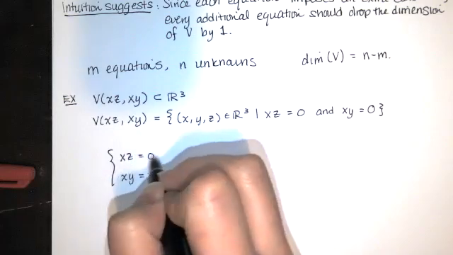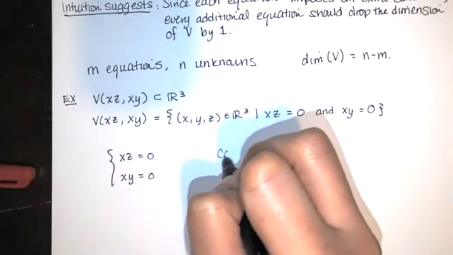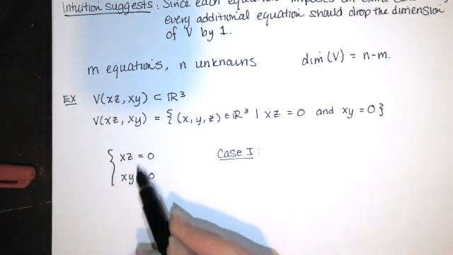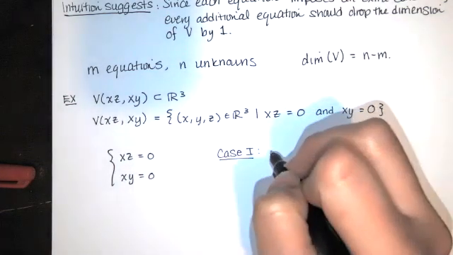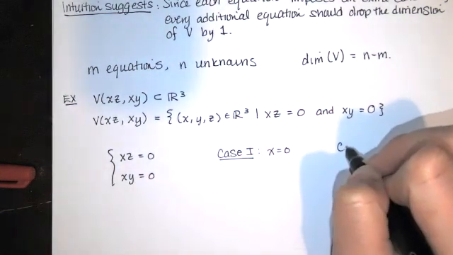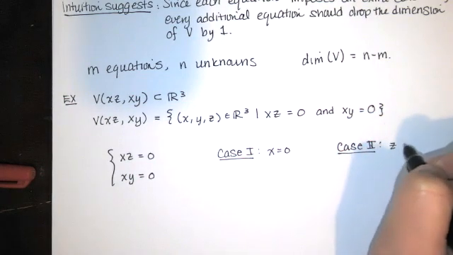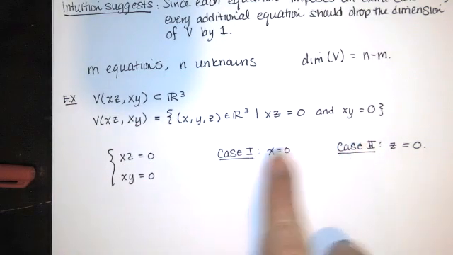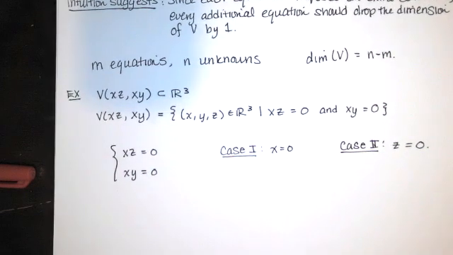So we're going to separate the solution set into 2 cases. In one case, x is equal to 0. In the second case, z is equal to 0. One of those cases has to be true for the first equation to be 0.